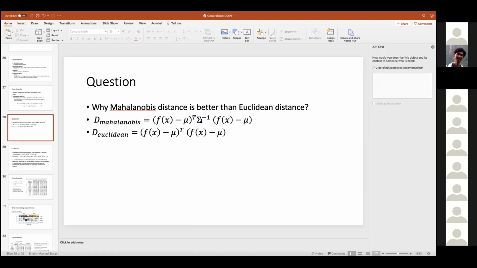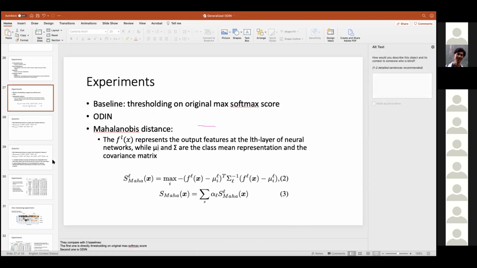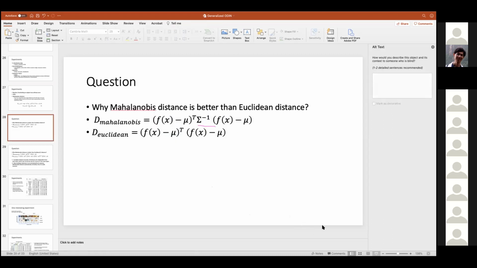This is matrix multiplication. Let me check. So how do you expand this formula? The previous slide. Can I see the previous slide? This is the same as this, right? Yeah, so I'm not that familiar with this formula.